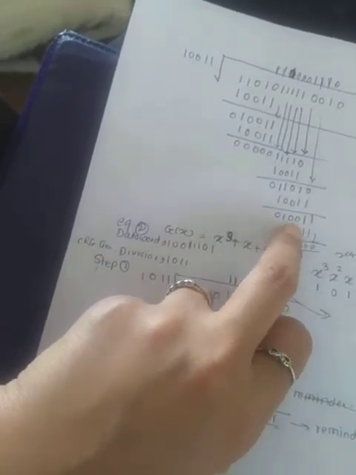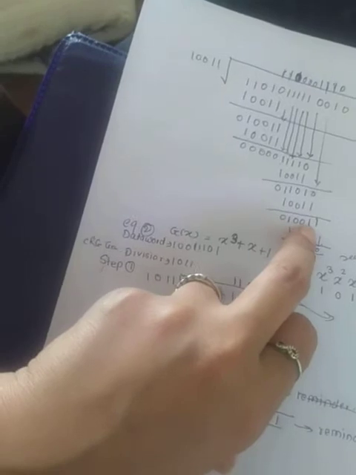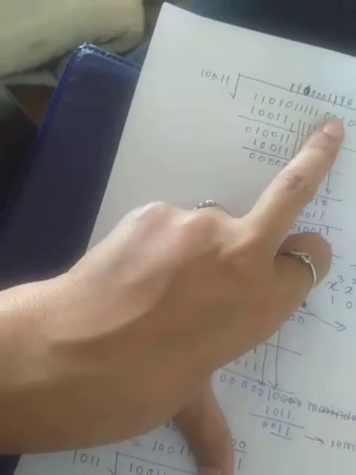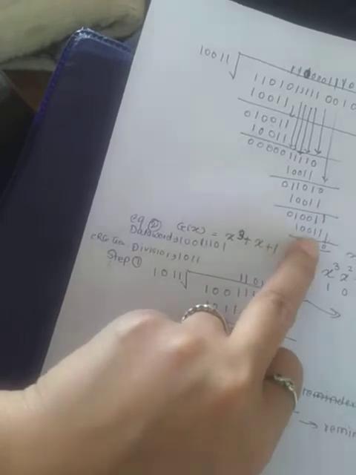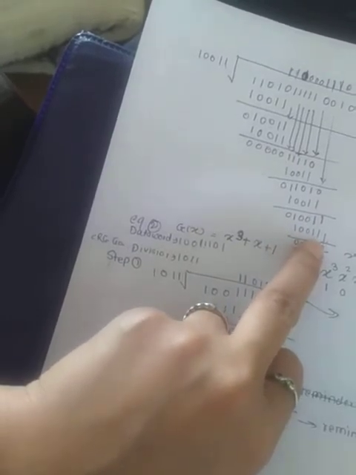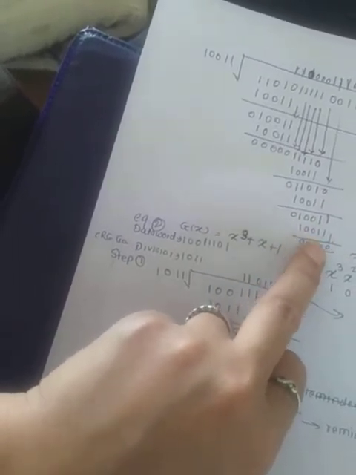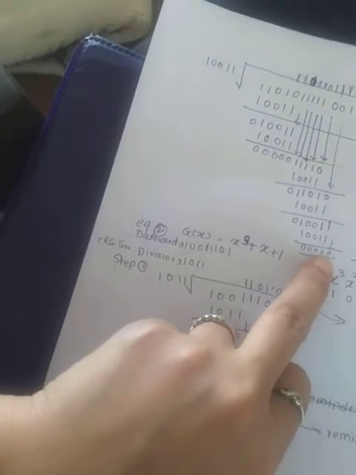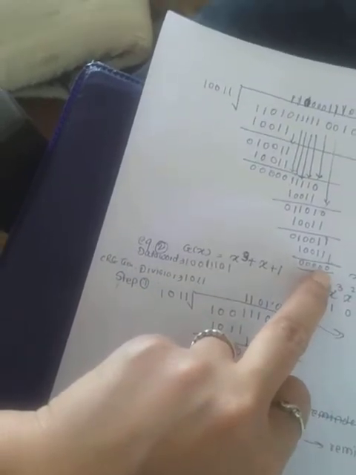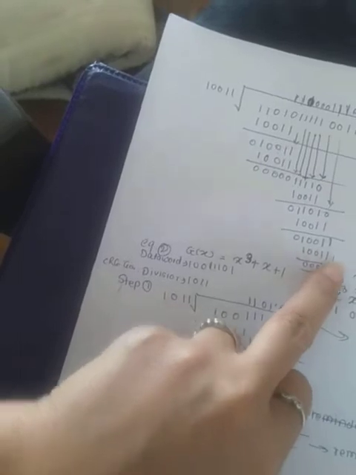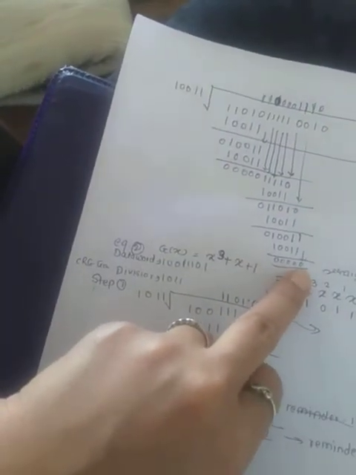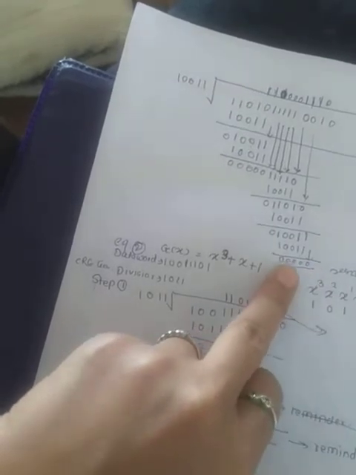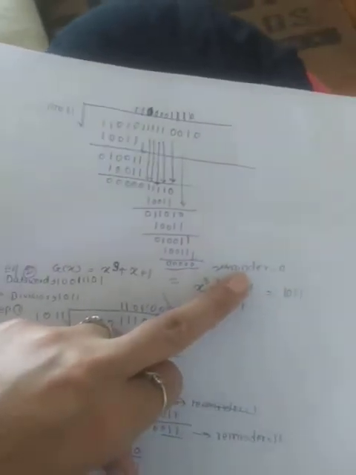We get the value 1001. So again we take the upper one to below and again perform the XOR operation with 10011. We get 000. Then this remaining 0 is also taken as a value.